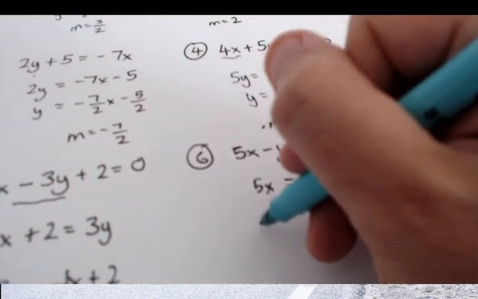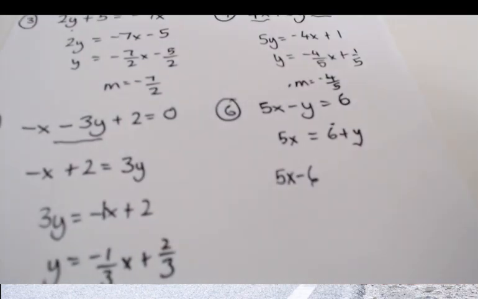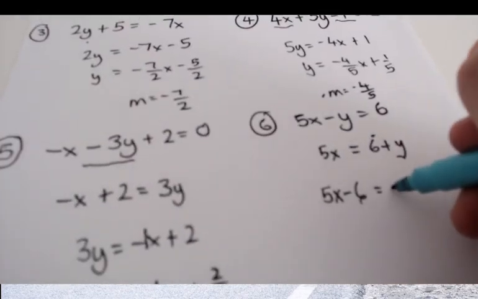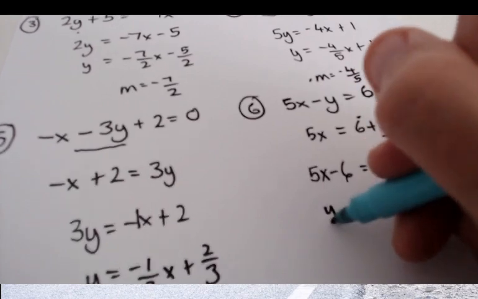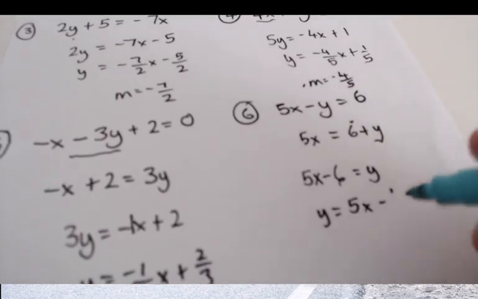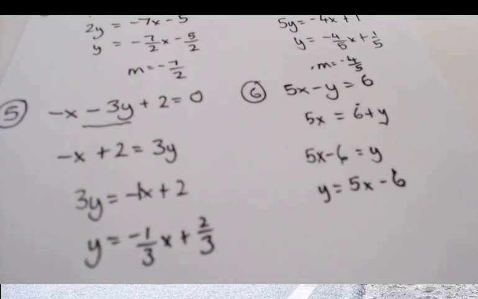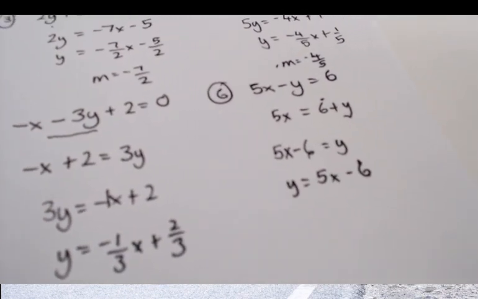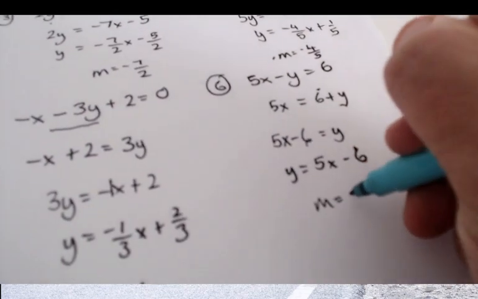Get it on the left hand side. It will be negative. So I get 5x minus 6, and that's going to equal my y. If you want, spin these round. On this occasion, I'm already with a y. I don't have to do any dividing, just because of what the question started me off with. The gradient is the number in front of the x. So the gradient is 5.